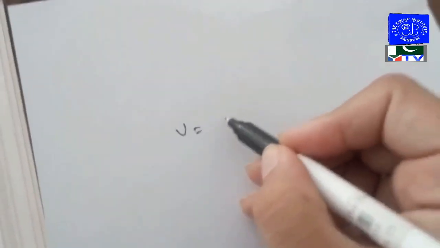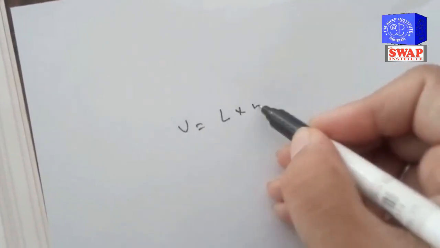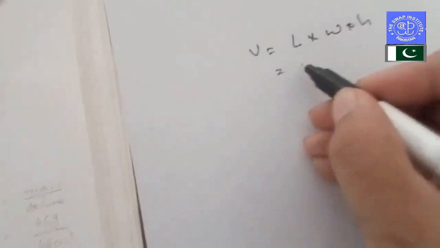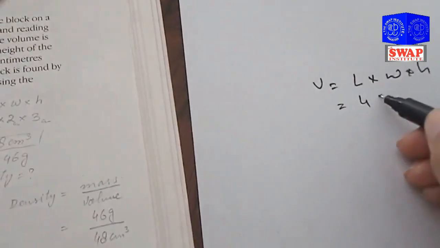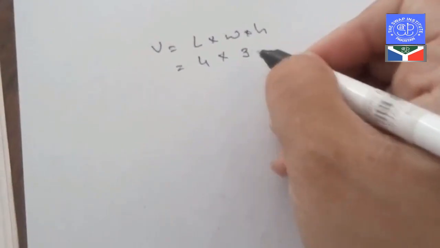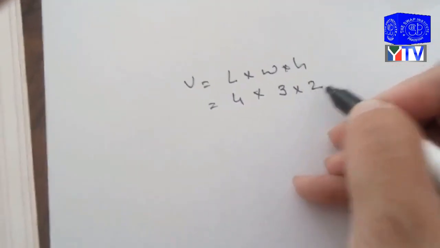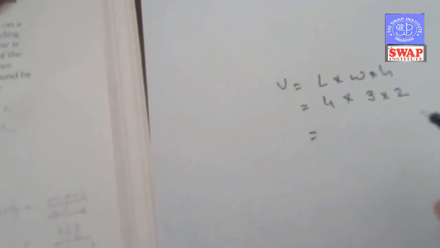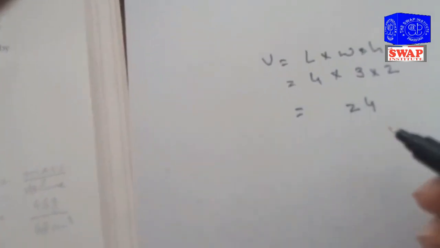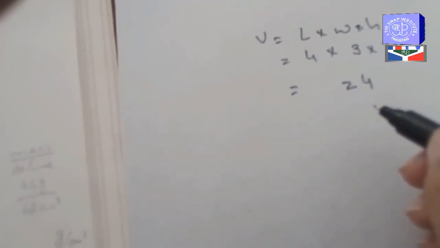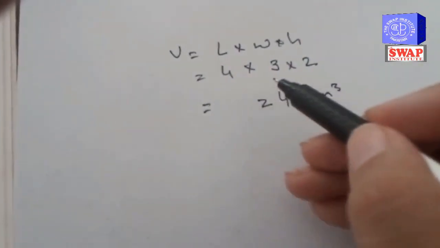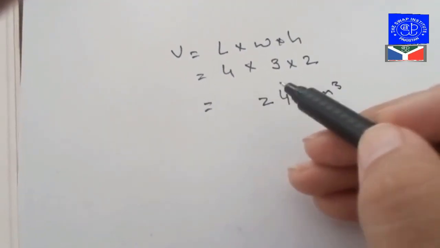We will multiply length with width with height. The length is 4, the width is 3 and the height is 2. It becomes 24 centimeter cube, as these were measured in centimeters.